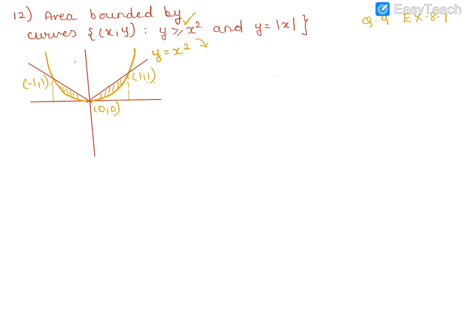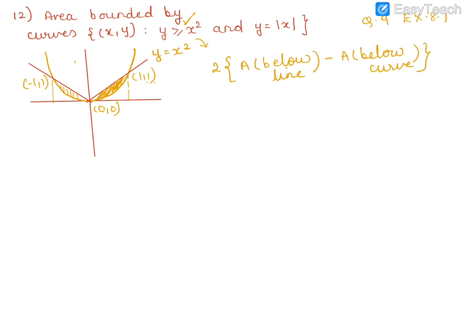So the required area is, I'm just finding out for one section and I will be multiplying it with 2. So twice of area below the line minus area below the curve.